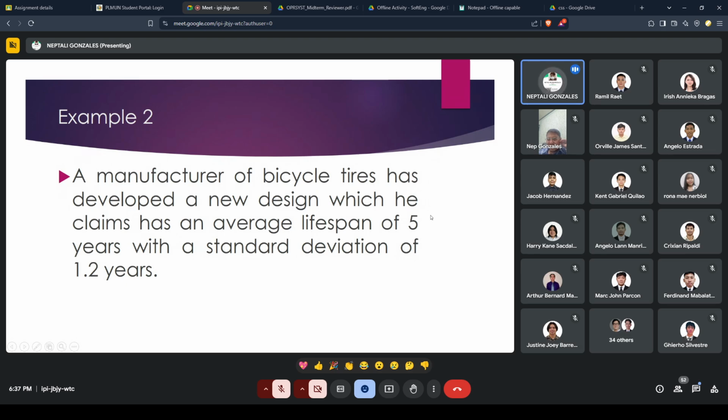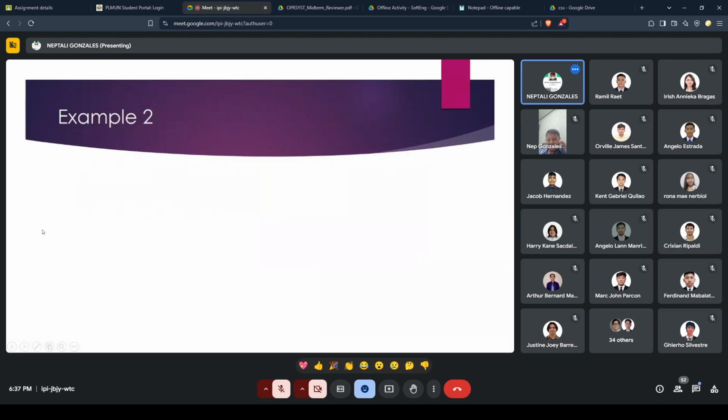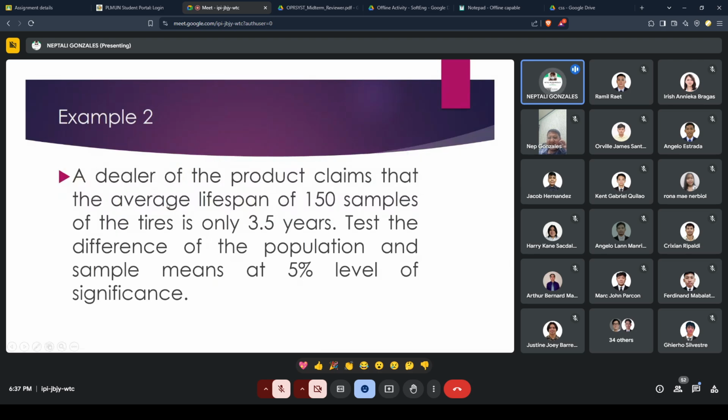So this is your mu, this is your rho. A dealer of the product claims that the average lifespan of 150 samples of the tires is only 3.5 years.